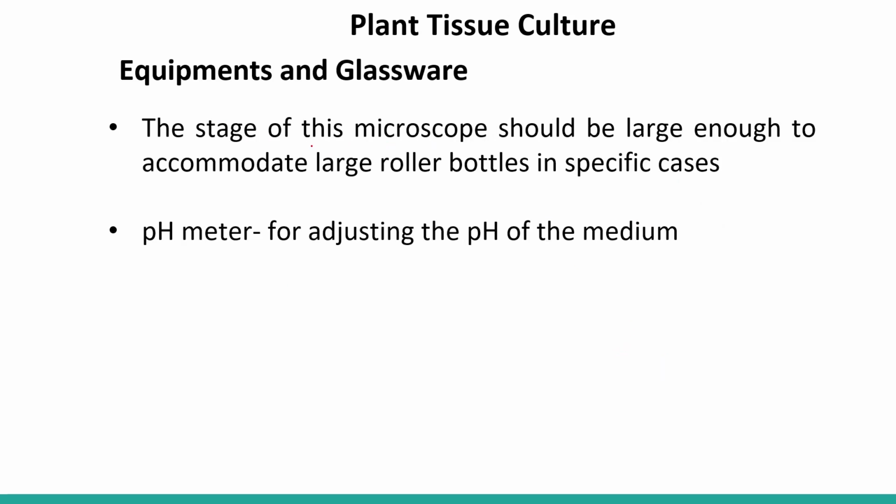The stage of this microscope should be large enough to accommodate large roller bottles in the specific case. pH meter for adjusting the pH of the media. So we require a very specific pH, right? So a pH meter for the adjustment of the pH of the media is also required.